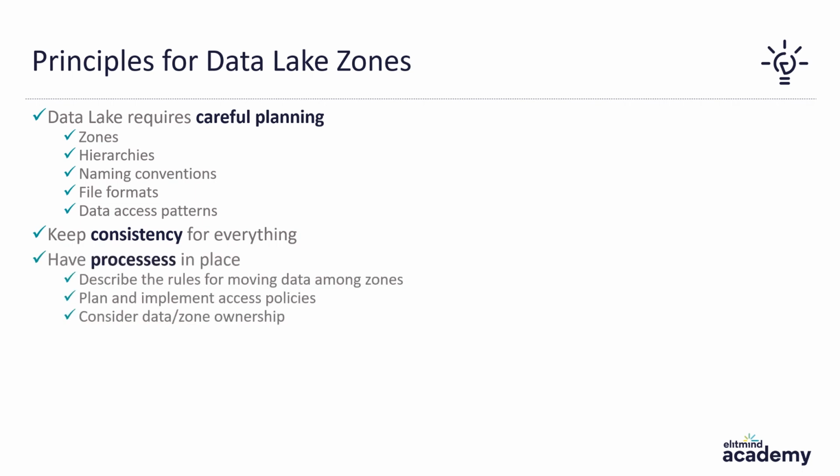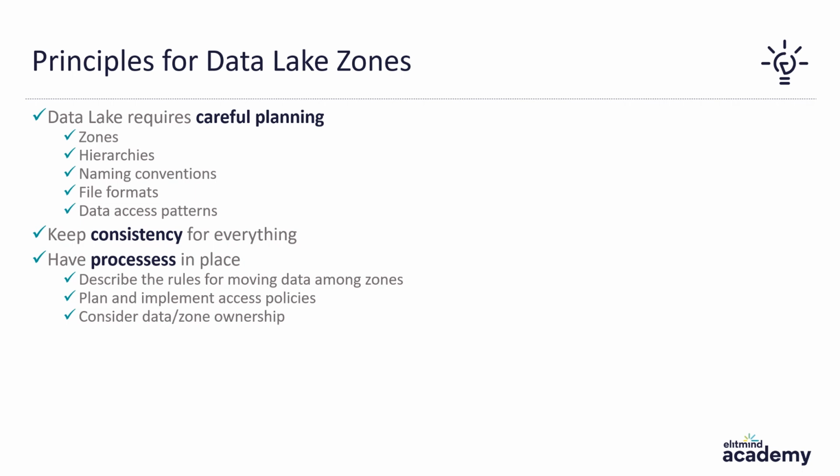Now, it's all about the process. So not only creating data lake zones is important. It's also important to make sure that all the stakeholders and the data stewards are aware of the places in the data lake that are used for different phases of data analytics. So you should have a document describing the rules for moving data among different zones.